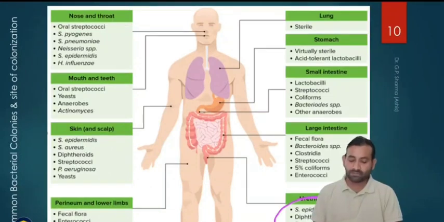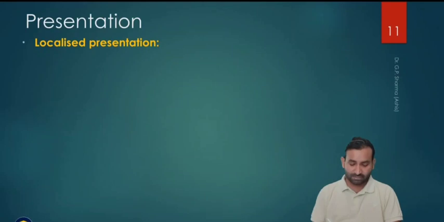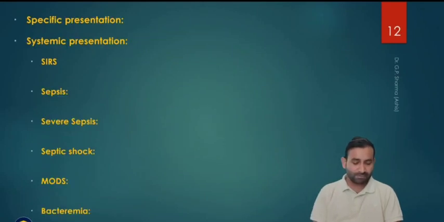Okay, what is the normal flora in this region? And what are the presentations? These presentations we divide into localized presentations, specific presentations, and systemic presentations. So let's do it very fast.